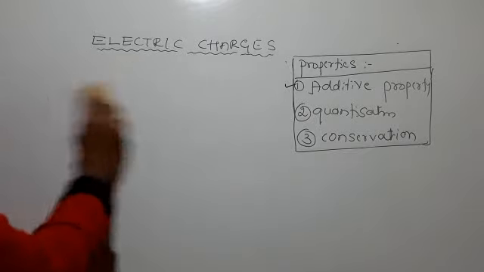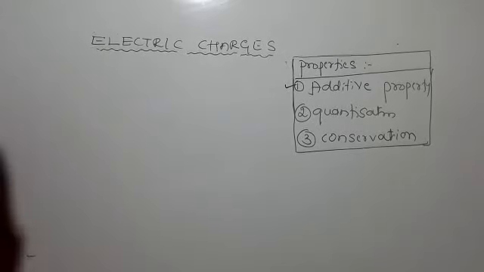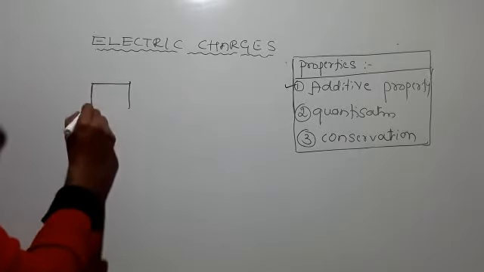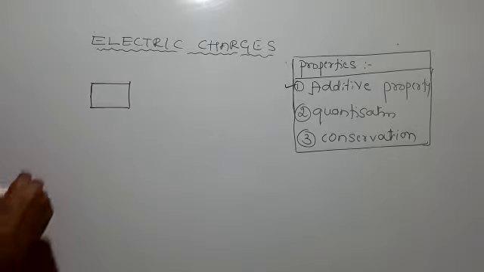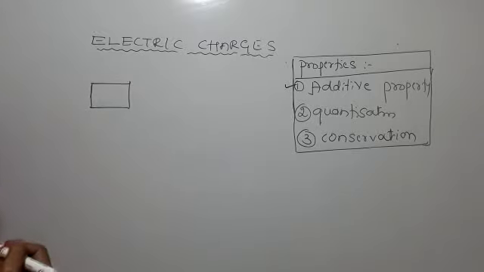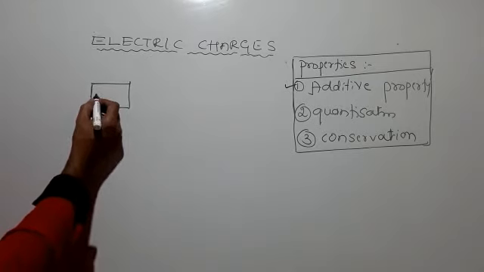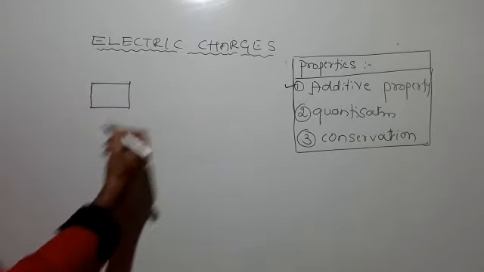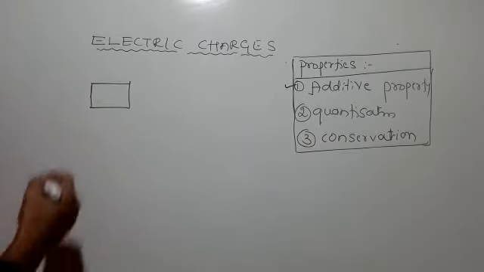Now, the second one is quantization of charges, a very important one. Say, for example, there is a conductor possessing a large number of atoms. In an atom, the number of protons is equal to the number of electrons. Therefore, the total number of protons on this conductor is equal to the total number of electrons.